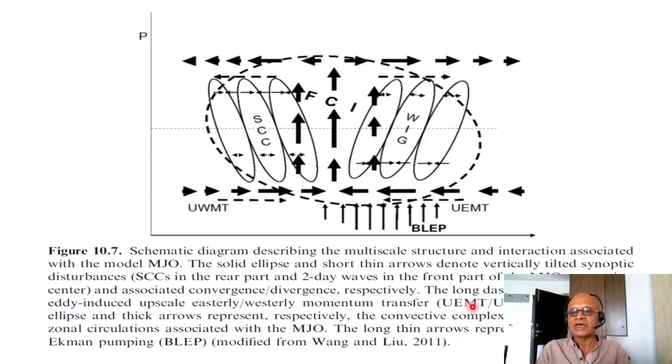The long dashed arrows represent eddy-induced upscale easterly and westerly momentum transfers. Okay, so there are the long dashed arrows somewhere, which you can find here, for example.